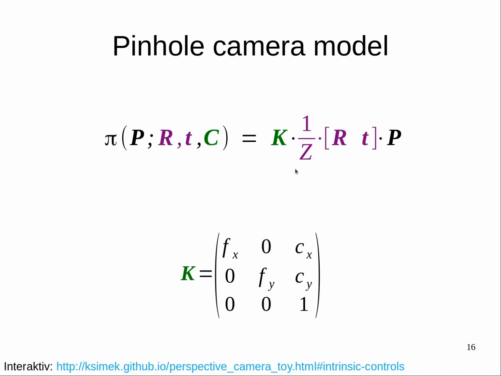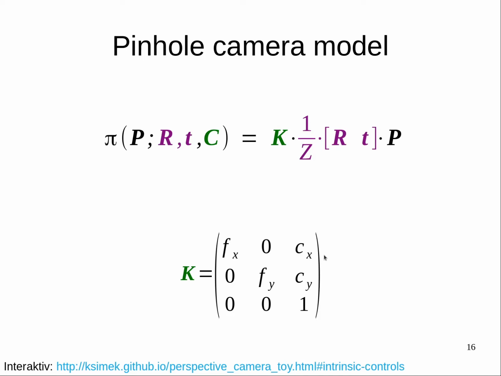Notably, we pulled out the Z division beforehand. This means that the points which you multiply with this matrix are already divided by Z, and the components are X by Z, Y by Z, and then Z by Z, which is 1. What this means, if you look at the X component here, is that we multiply Fx by X divided by Z, and then we add the principal point Cx.